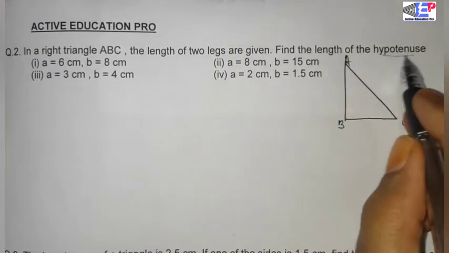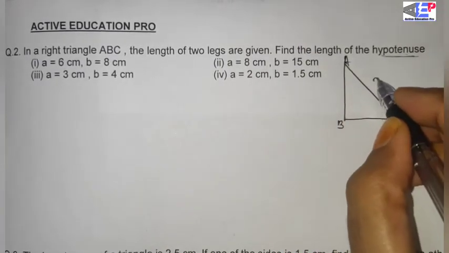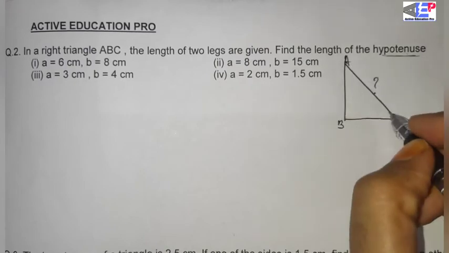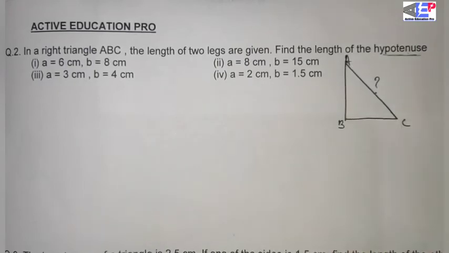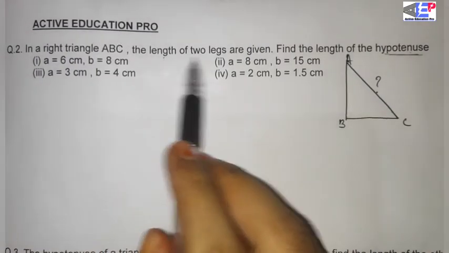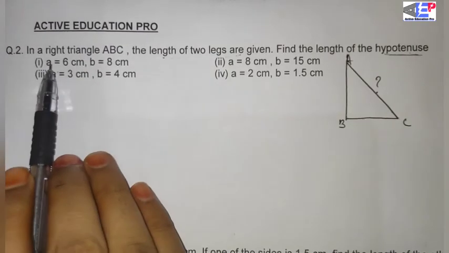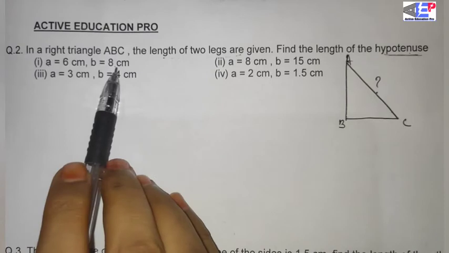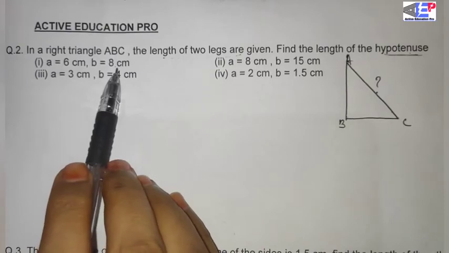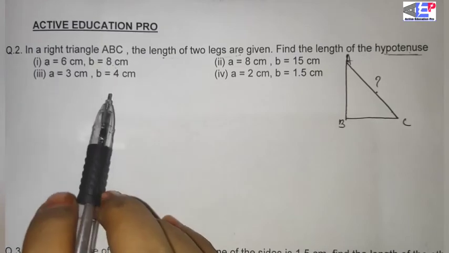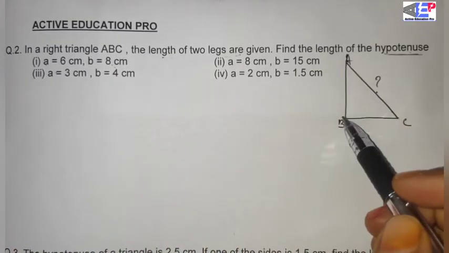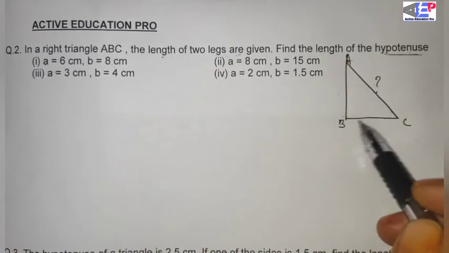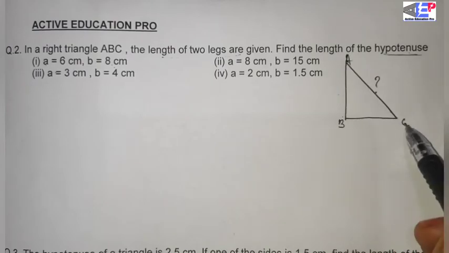We have to find the hypotenuse, so we don't know AC, and the lengths of two legs are given. First look here, A is equal to 6, B is equal to 8. We don't know which is perpendicular and which is base, but you can take any one. Maybe AB is the perpendicular, 6 cm, and BC is the base, 8 cm.